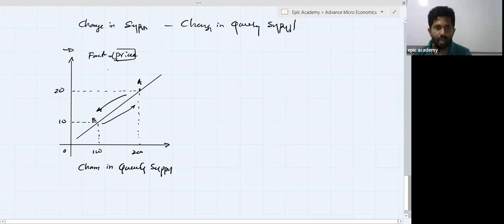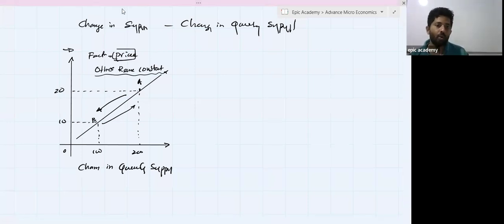So that's the meaning of changing quantity supply. Here, other factors remain constant. Only one factor is going to change, that is price. That's the meaning of changing quantity supply.